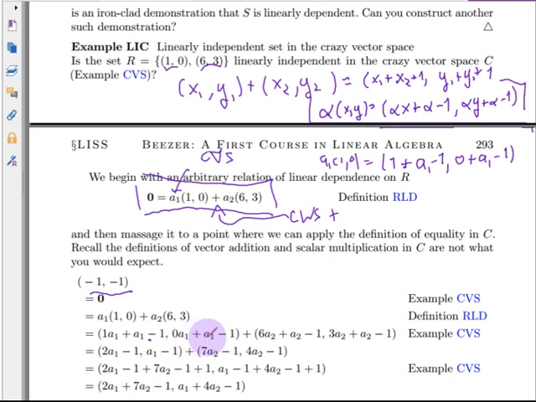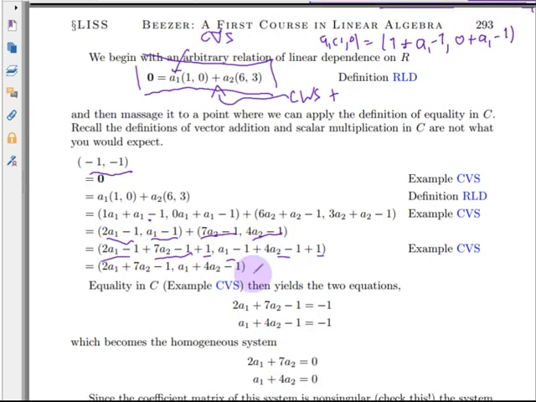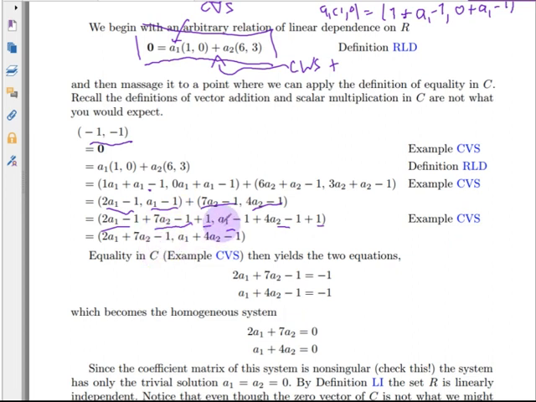Then from here we do the sum of these two vectors according to this rule. You sum the x components and then you add 1. So 2a1 minus 1 plus 7a2 minus 1 plus 1. And then you add the y components, a1 minus 1 plus 4a2 minus 1 plus 1. That gives me this second component, and this gives me my result.